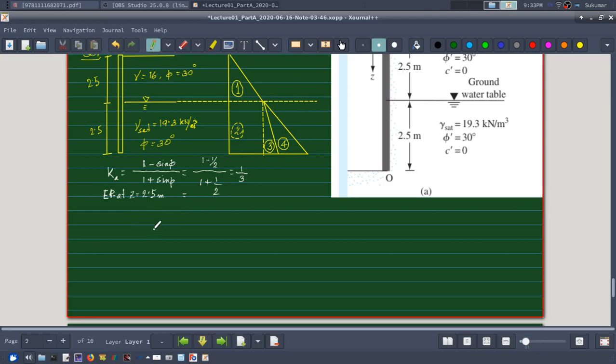Therefore EP at Z equal to 2.5 will be gamma is 16 times Z is 2.5 into Ka 1/3, and this will be equal to 13.33.